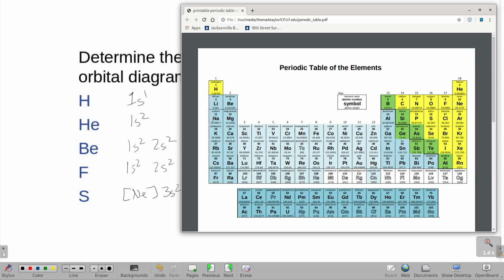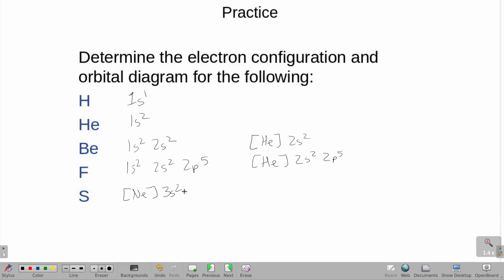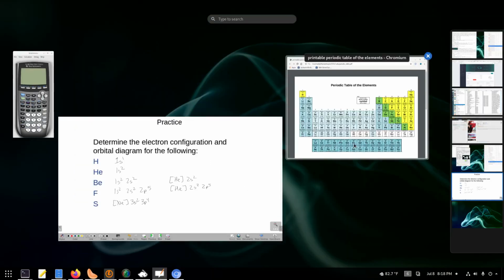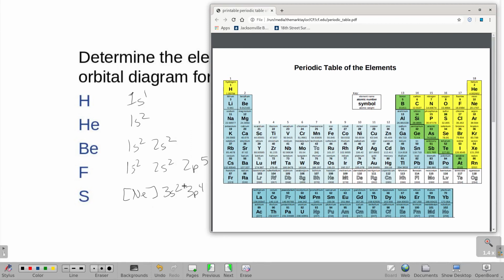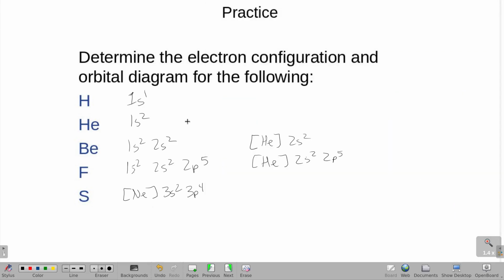And then the next thing I fill is these p's, going over to sulfur, 1, 2, 3, 4, 3p4. Another thing we can do to check ourselves: sulfur should have 16 electrons. Well, we just added 2 and 4 to the 10 of neon, 16. And that's all we have to do on electron configuration.